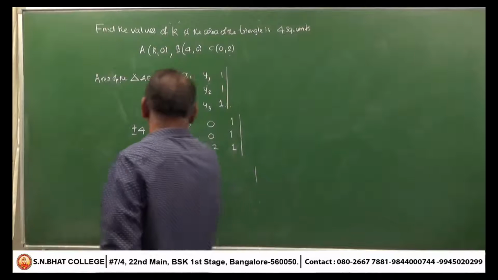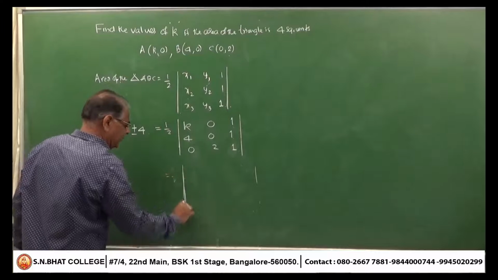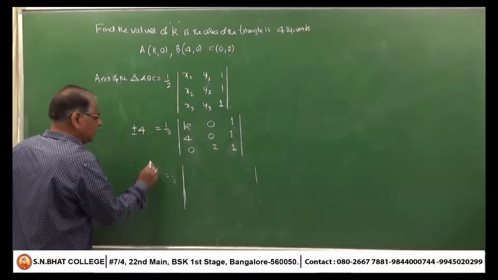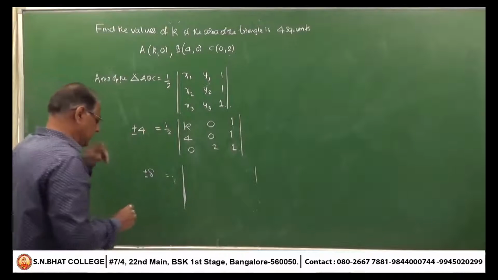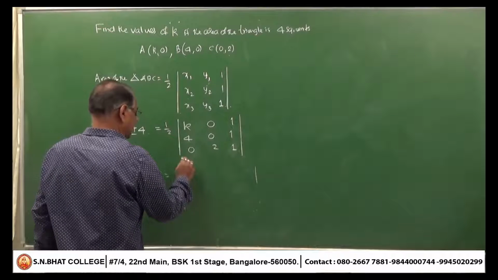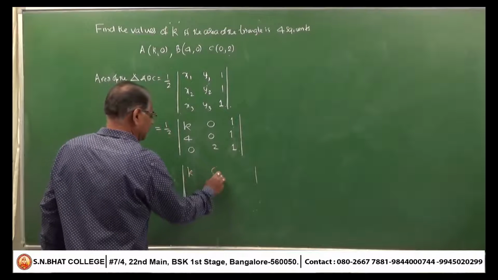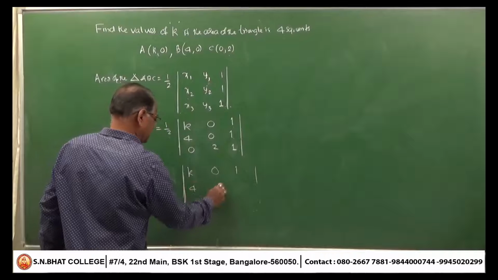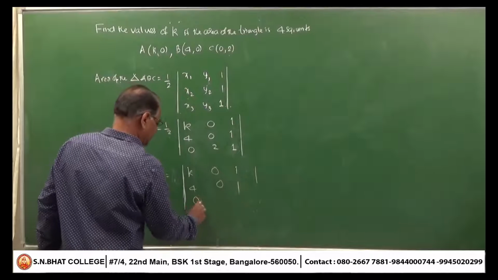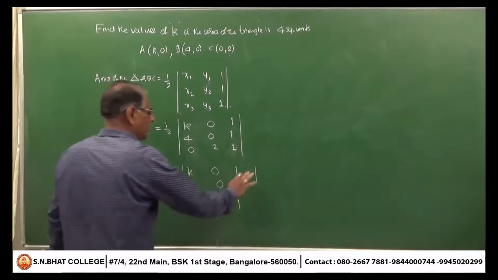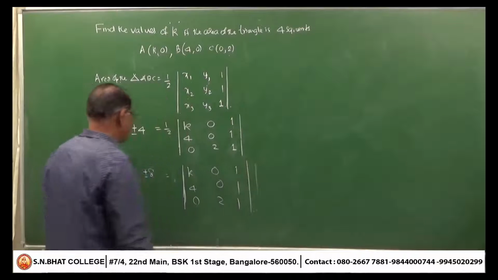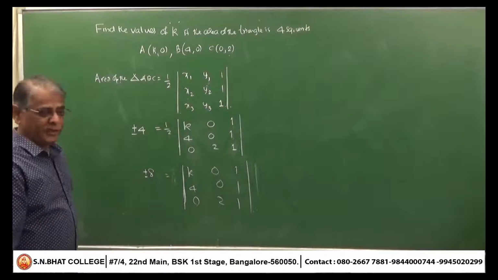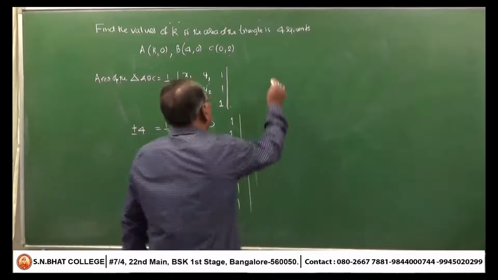After cross multiplying, write this 2 on the left hand side, it becomes plus or minus 8, 4 into 2 is 8, equal to the expansion of the determinant k, 0, 1, 4, 0, 1, 0, 2, 1. Expand now.